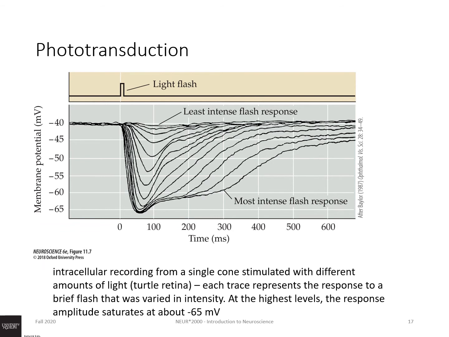Now, phototransduction itself, light activation causes graded changes in membrane potential. So we've talked about this from a few different perspectives now. We've talked about it from synaptic potentials and receptor potentials in response to touch.